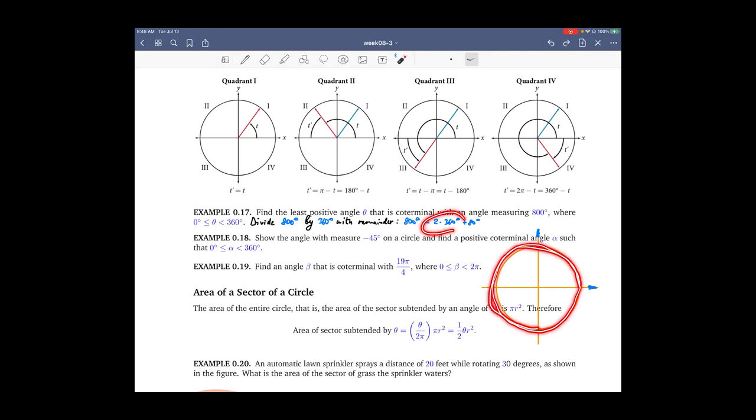Two rotations, that's 720, excuse me, plus 80 degrees more. That is indeed the angle that we want, because it's coterminal with 800 degrees, and it's in the desired range, 0 to 360.